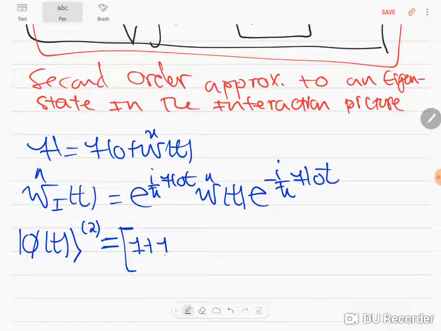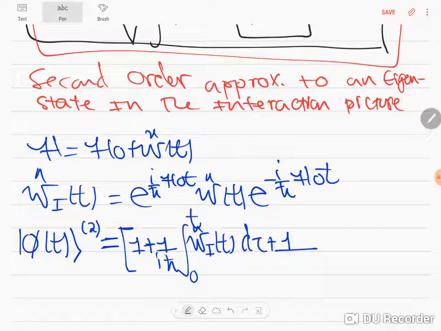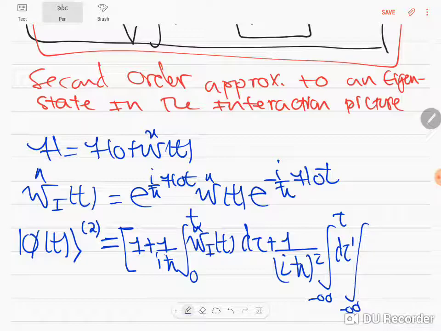So minus 1 plus 1 over i h bar integral from 0 to t, W_I of t dt, plus 1 over i h bar squared, integral from minus infinity to t of d tau prime, and this is from minus infinity to tau prime of d tau.